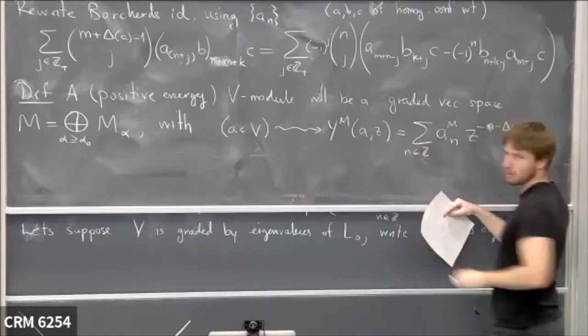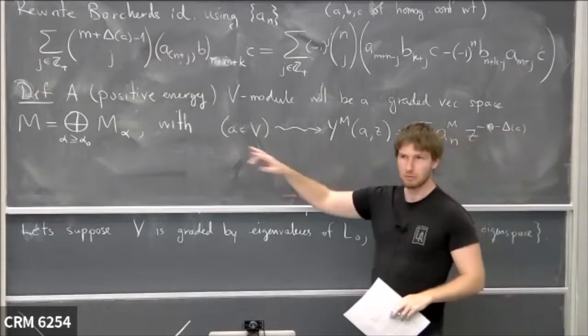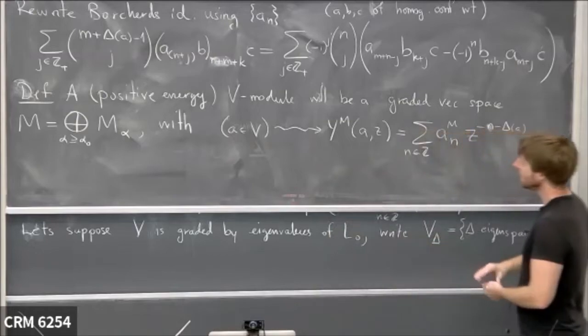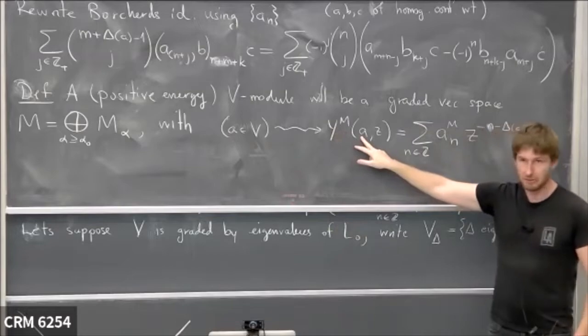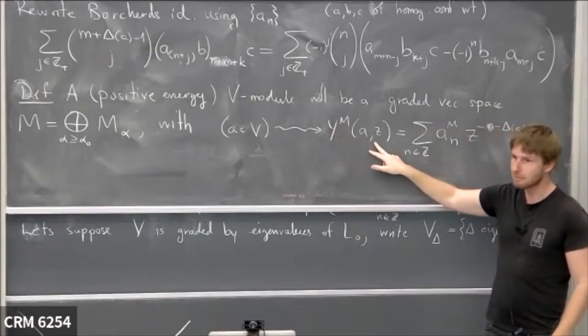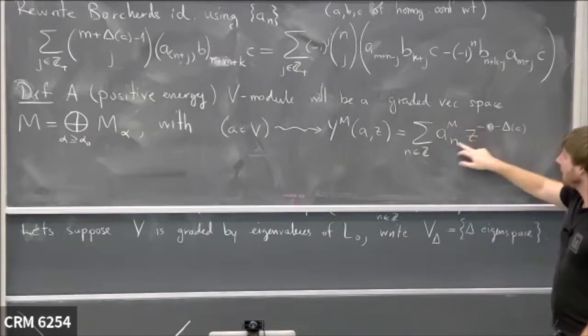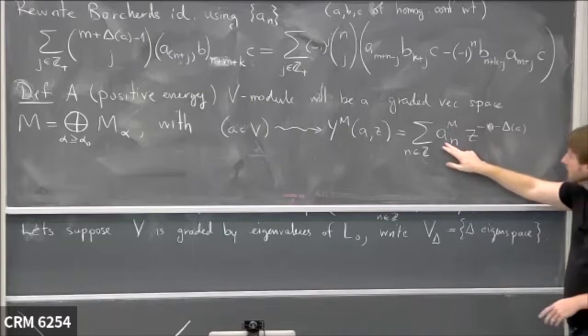What should a V module be? It's a vector space with, for each element in the vertex algebra, a quantum field acting, which I'll write in this form, A_n^M. From the outset, I'll already adopt this conformal grading on these A sub n's.